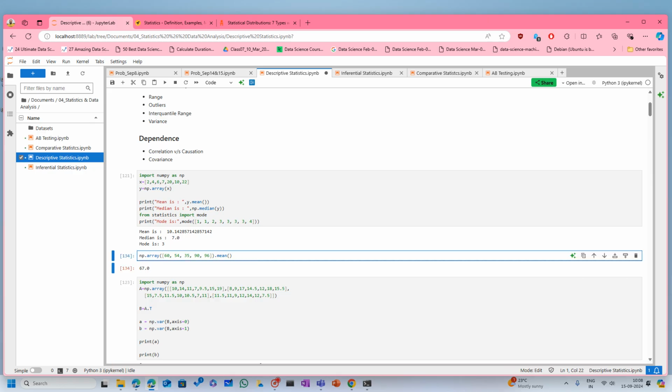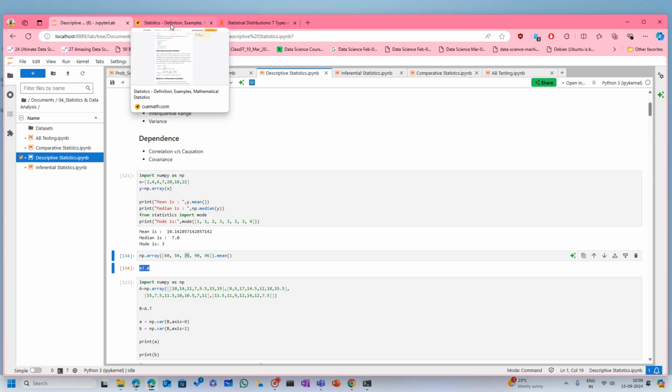Now standard deviation means how far, or how many marks the person who scored 35 would have needed to obtain to get the average score. The difference between this average mean and the data point x, that difference you can take as standard deviation.